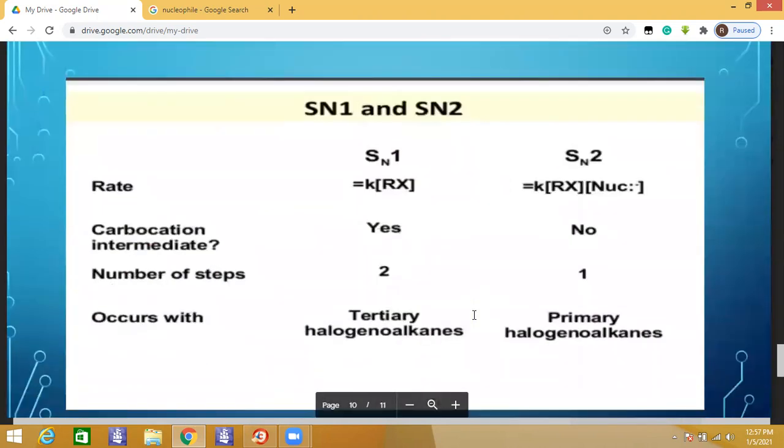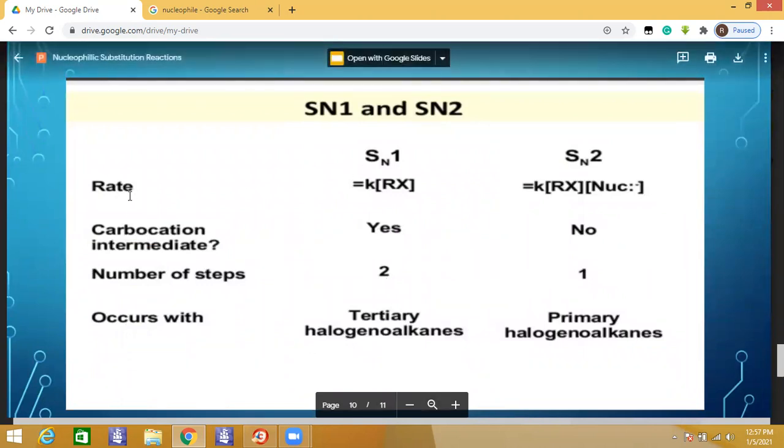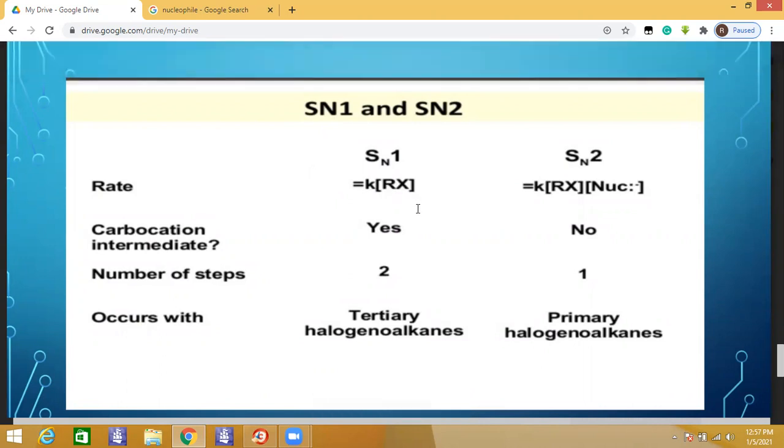Now here is some comparison between Sn1 and Sn2. So rate totally depends on this substrate molecule. That's why it is first order kinetics, and here in Sn2 the substrate and nucleophile are both involved in the rate determining step.